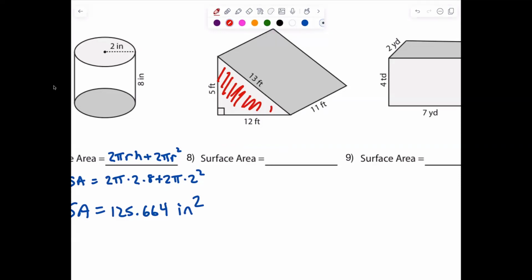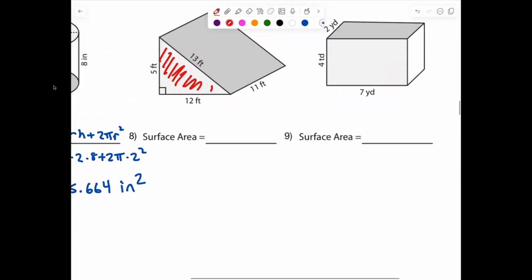Now, how many different rectangles are there? 2. No, 3. No, 2. 3. Grant, how many? 3, because there's one underneath it, right? Exactly, Luca. So everybody see there's 3 different rectangles, right? So surface area.